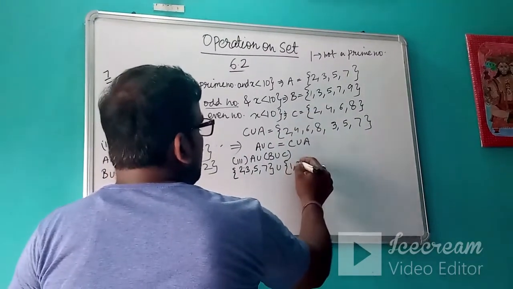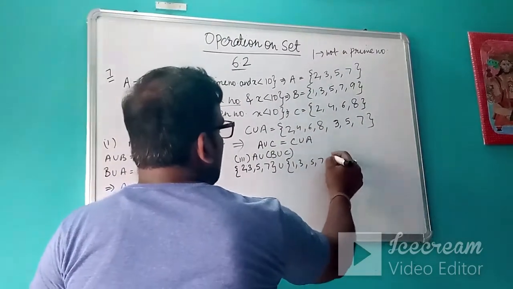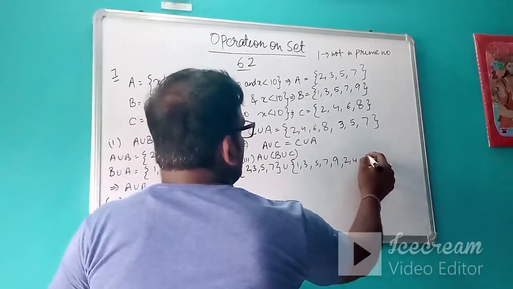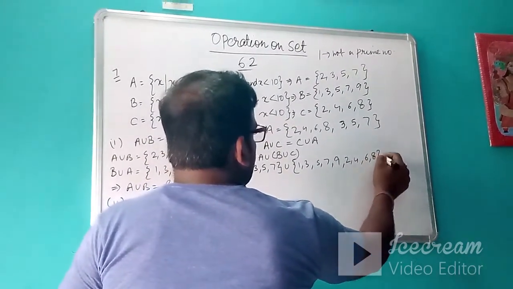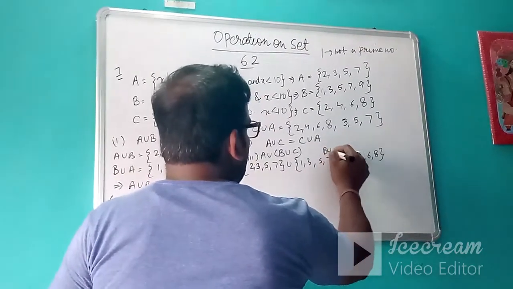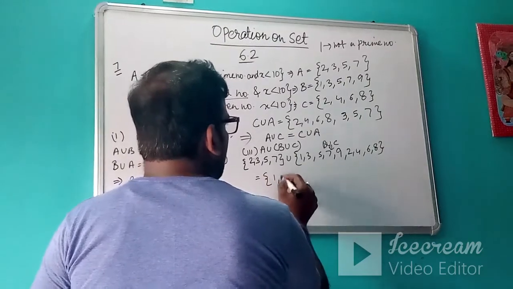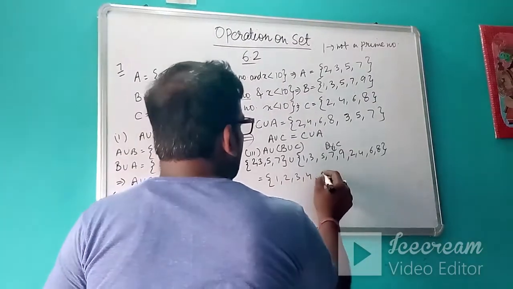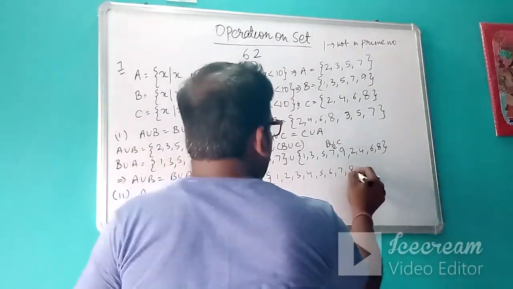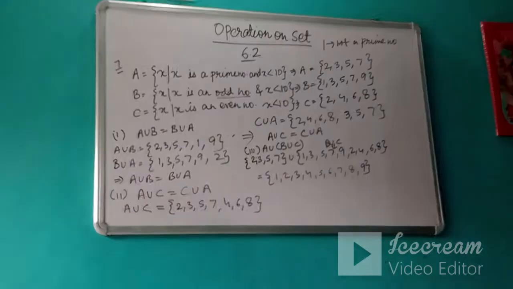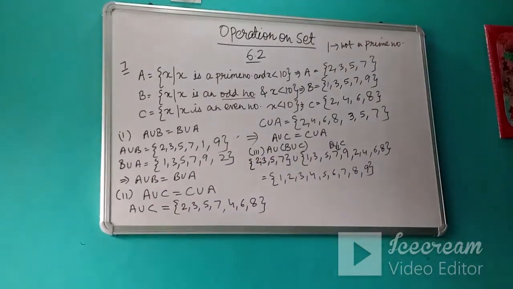B union C will be 1, 3, 5, 7, 9, 2, 4, 6, 8. This will be your B union C. So what is their union? Their union will be 1, 2, 3, 4, 5, 6, 7, 8, 9.